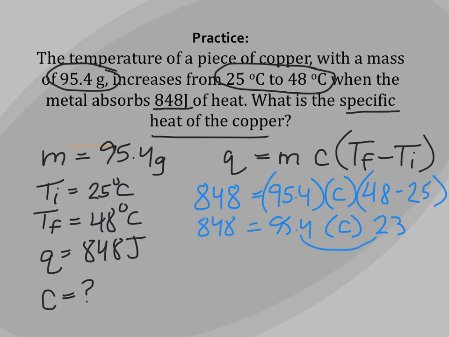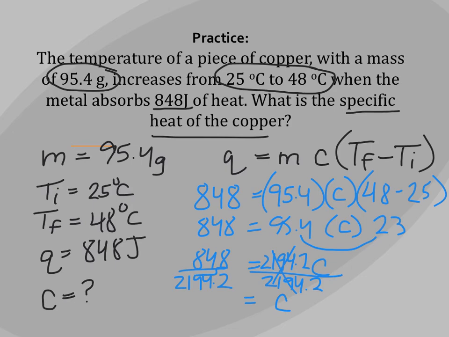Now I'm going to multiply those two together to get an answer. Multiplying those together gives me 2,194.2 times C equals 848. Now to get C by itself, I'm going to divide both sides by 2194.2 so that C becomes alone there. And I'm going to do that math.